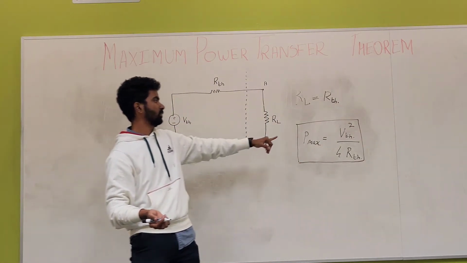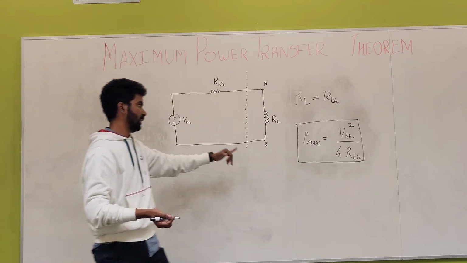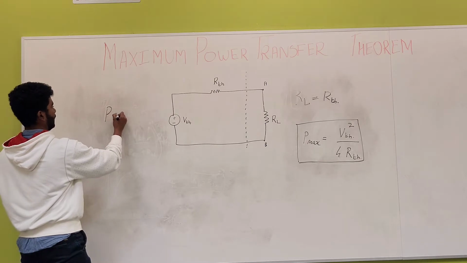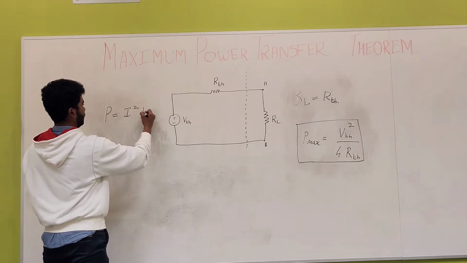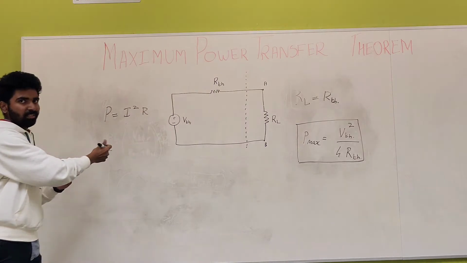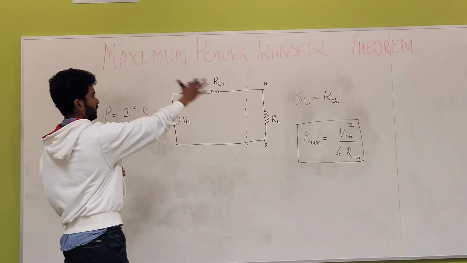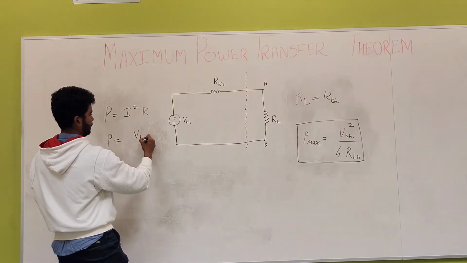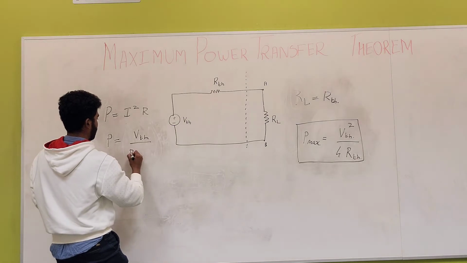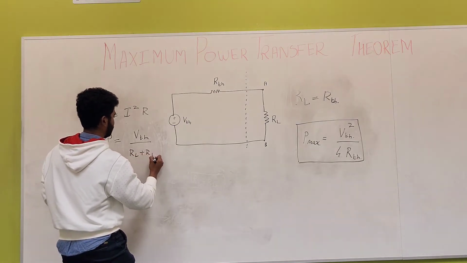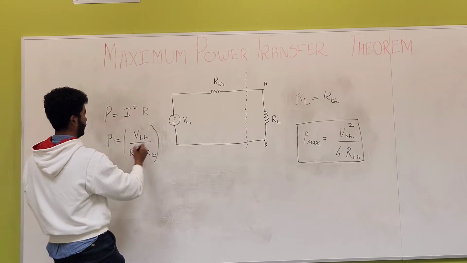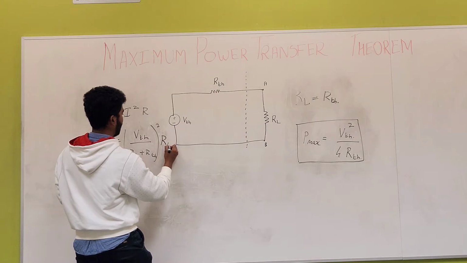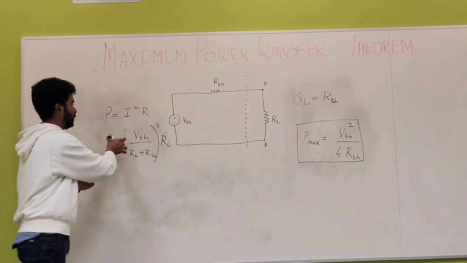Now, just to get a glimpse of how it came about, we can go through some simple calculations, where we know that power is nothing but I square R. This is the general formula for power, and in this circuit P is equal to VTH upon RL plus RTH, the whole square, because I am just substituting I with this, into RL, across which we are going to find the power.